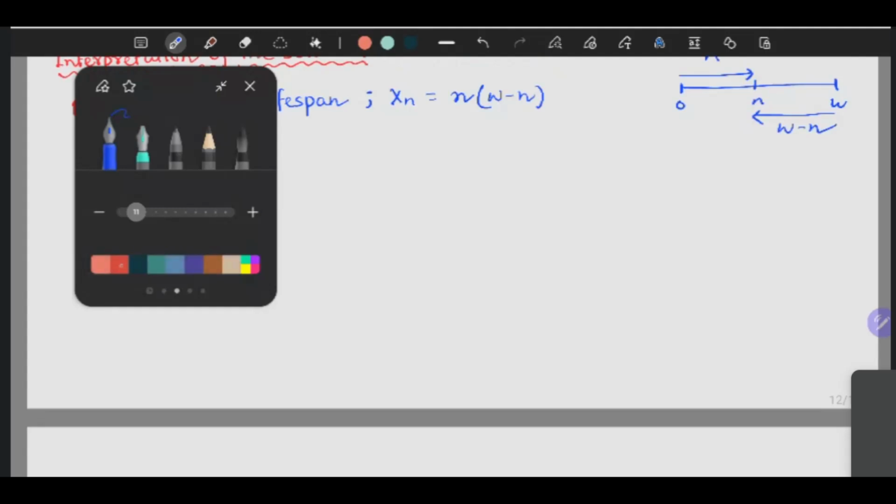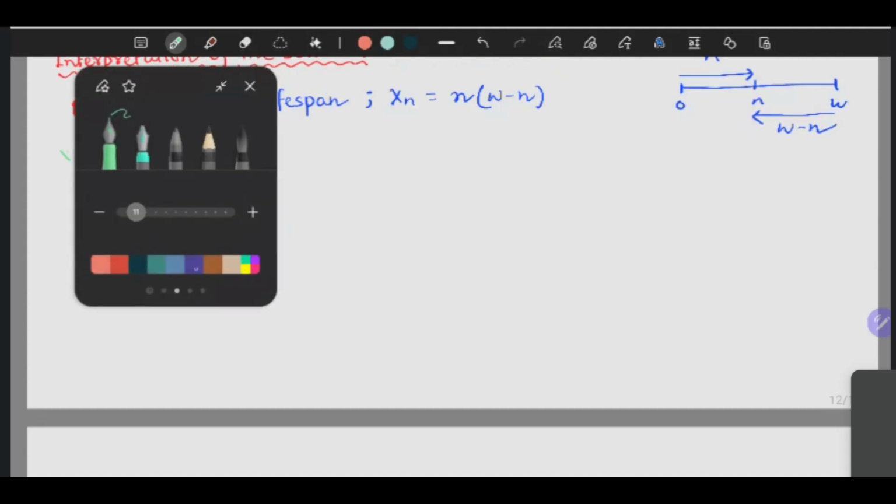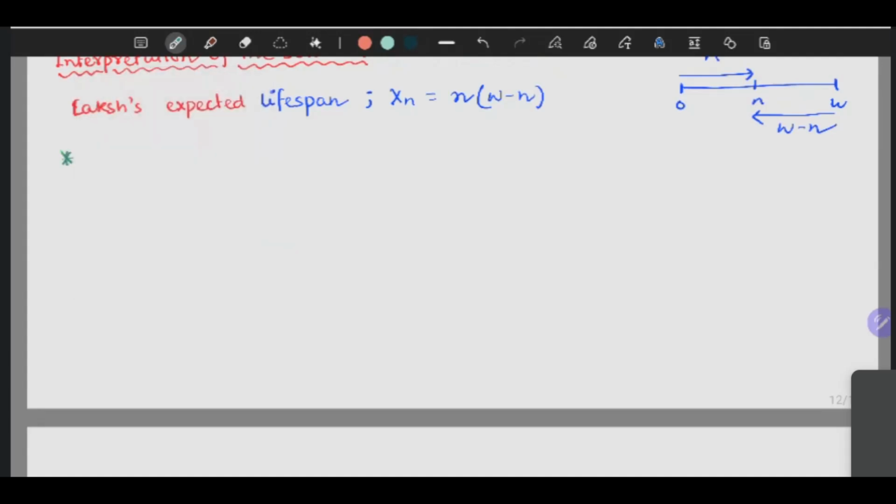So this is the product of the distances to the two edges.